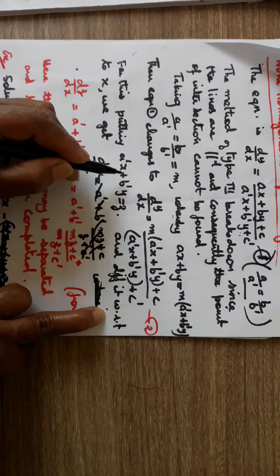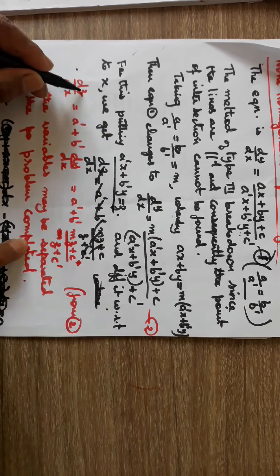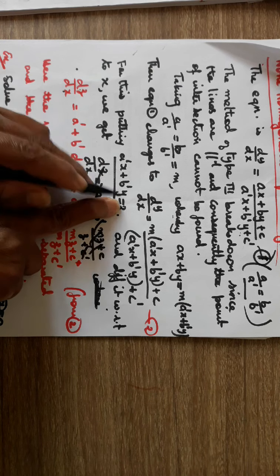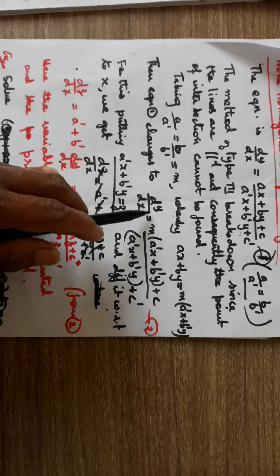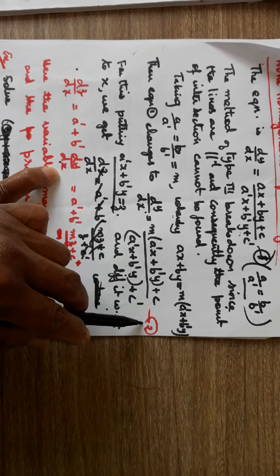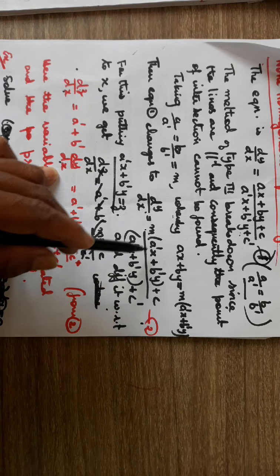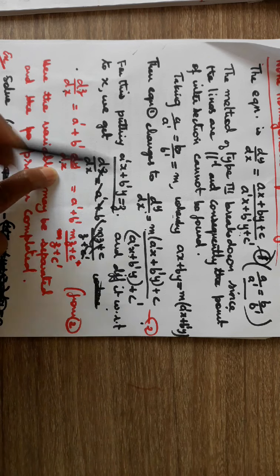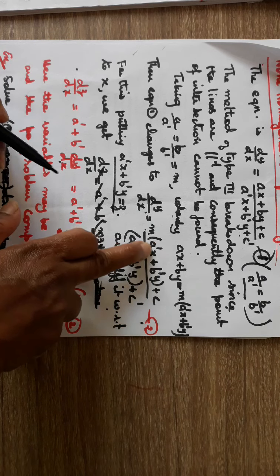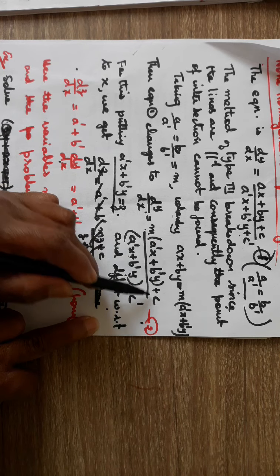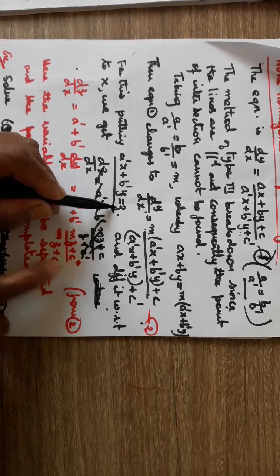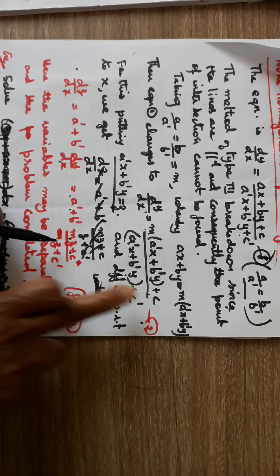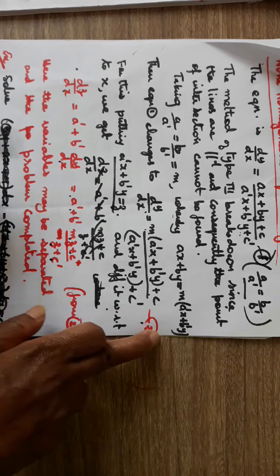Differentiating with respect to x, we have dz/dx equals a prime plus b prime into dy/dx. But dy/dx from equation 2 is m times (a prime x plus b prime y) plus c, divided by a prime x plus b prime y plus c prime. Replacing a prime x plus b prime y by z, we have a prime plus b prime into (mz plus c) divided by (z plus c prime).